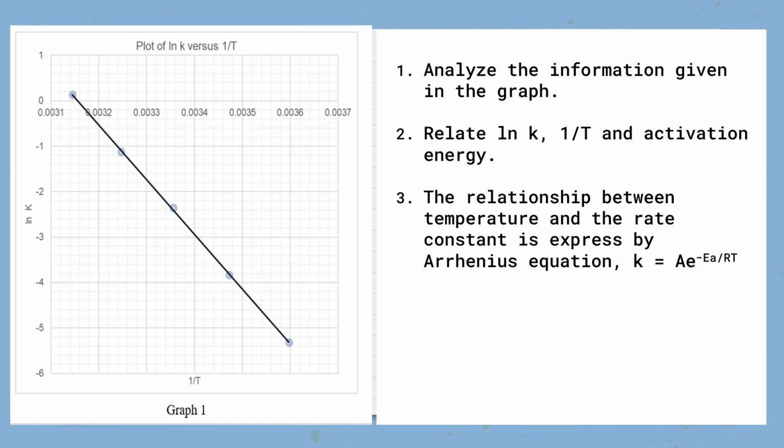Given here is k equals A exponential of negative Ea over RT.